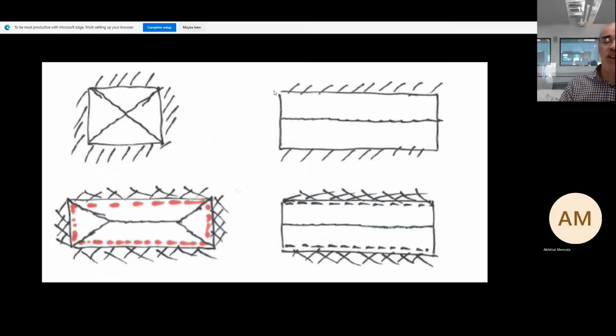So we have symmetry in all directions. The example on the top right is a rectangular slab which is supported on 2 edges only, and the other 2 edges are free. So we have one single line going across the middle, where we have the maximum curvature, and therefore the yield line will run across the middle of the slab as shown here.